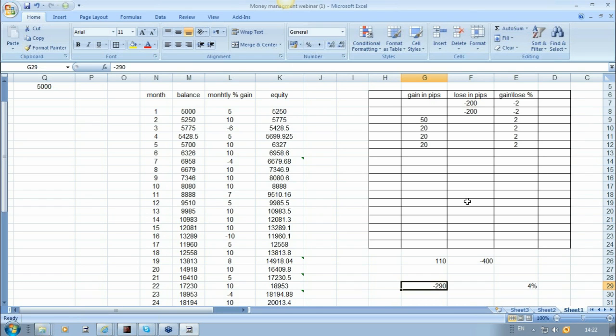Forget about the pips if you work with this kind of money management. Money management when you risk per percent, okay? When you risk per percent, you can lose pips.